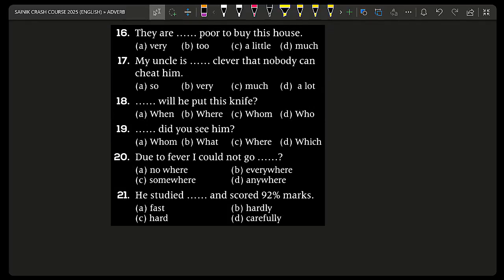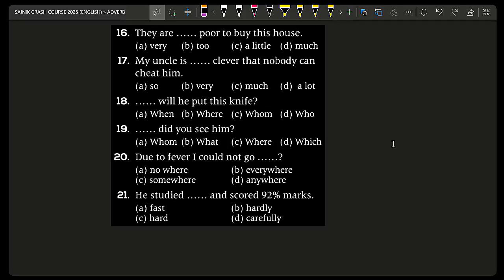Yes, Vishnu, can you answer the 16th question? Can you read the question, the 16th one? They are dash poor to buy this house. Yes, answer.